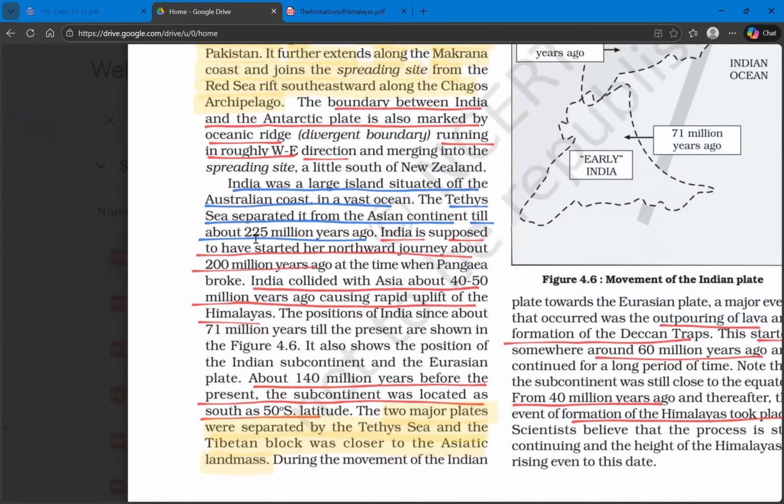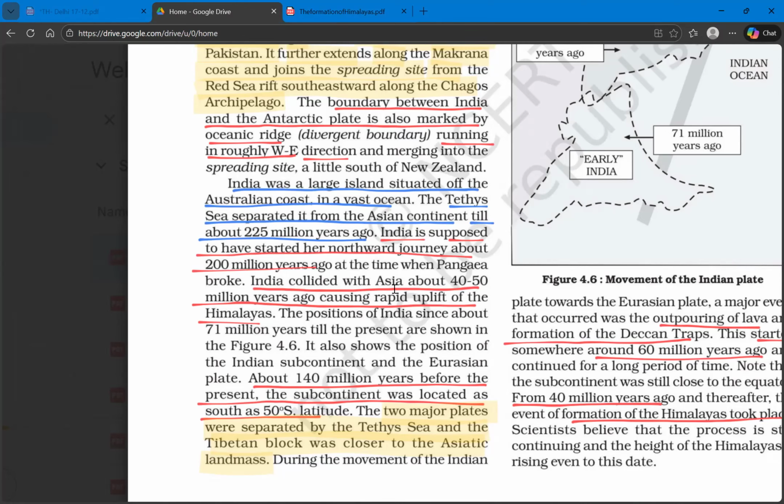India is supposed to have started her northward journey about 200 million years ago at the time when Pangea broke. In continental drift theory, we have learned that around 200 million years ago, Pangea started to split into Laurasia and Gondwanaland. That is the same time when India started her northward journey.